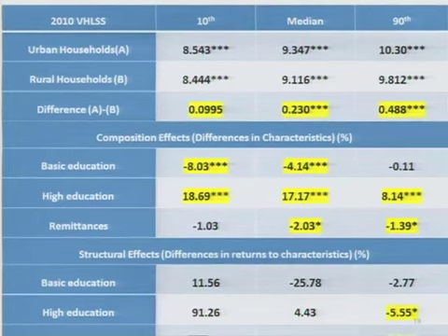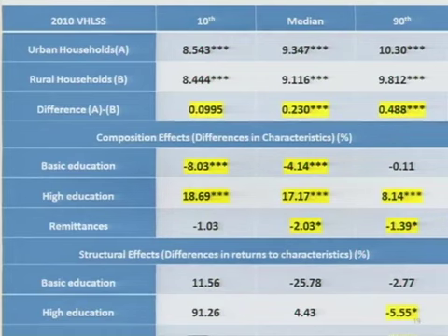The main finding here is that access to basic education is beneficial from the 10th percentile to the median. That means if people have more access to basic education in the rural areas, the rural and urban disparity tends to be reduced.